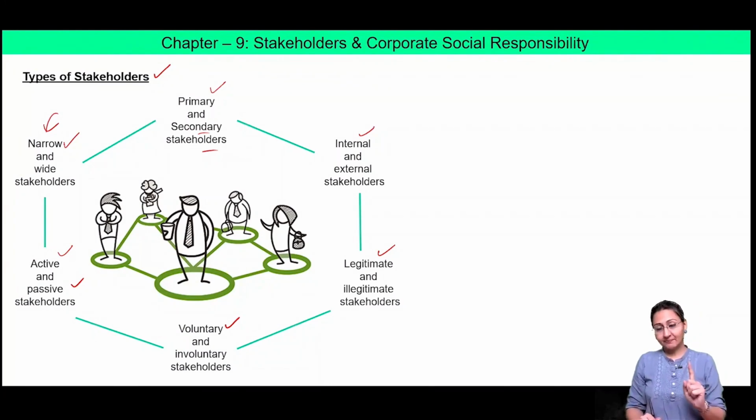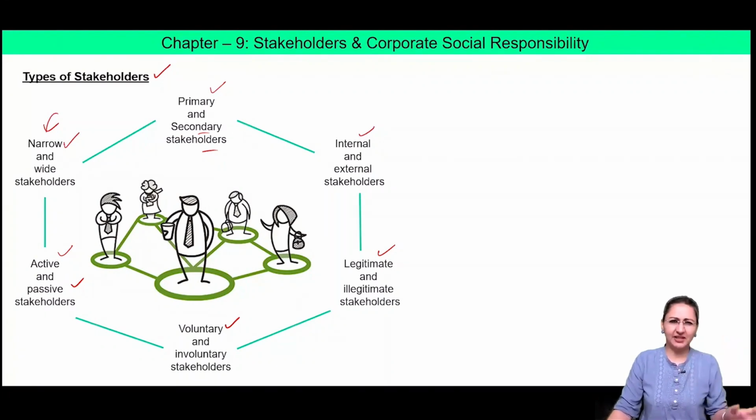They voluntarily come to participate. While involuntary stakeholders, they do not get involved in the organizational matters. They choose to be out of the management or the strategic decisions. They want to be left alone.